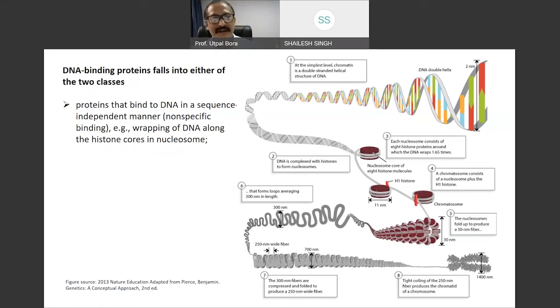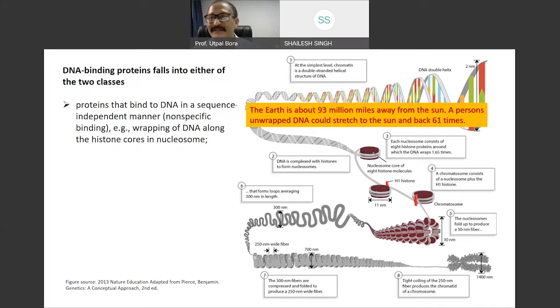Now, all of you may be aware of the importance of DNA packaging. If our DNA had not been packaged, this would have happened: a person's DNA, when you unwrap it and stretch it, could travel to the sun and back, not just 61 times. That's the number they have calculated.